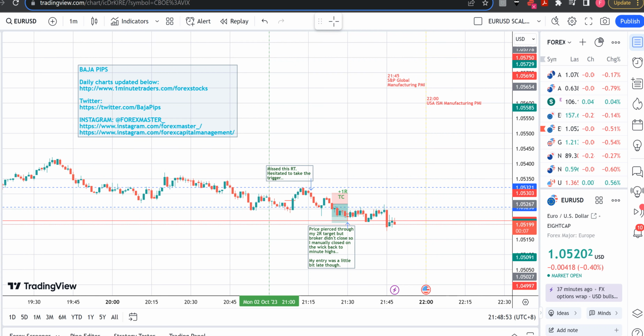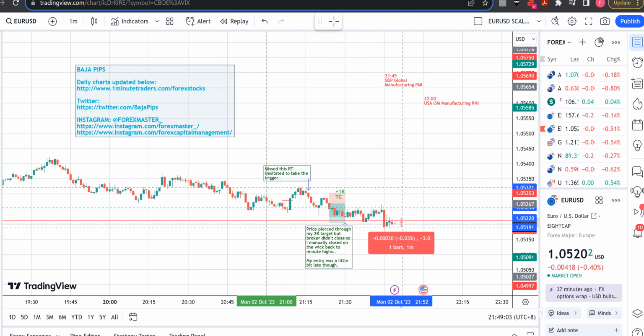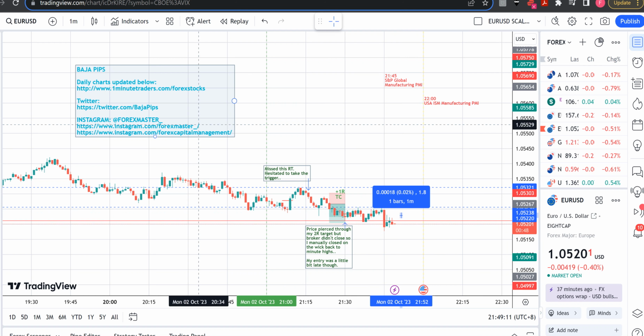I guess I could go for a short, but personally, I don't really like the way this is looking. 3 pips minimum stop loss means I need a 6 pip target, and this prior wave is only, it's less than 6 pips.